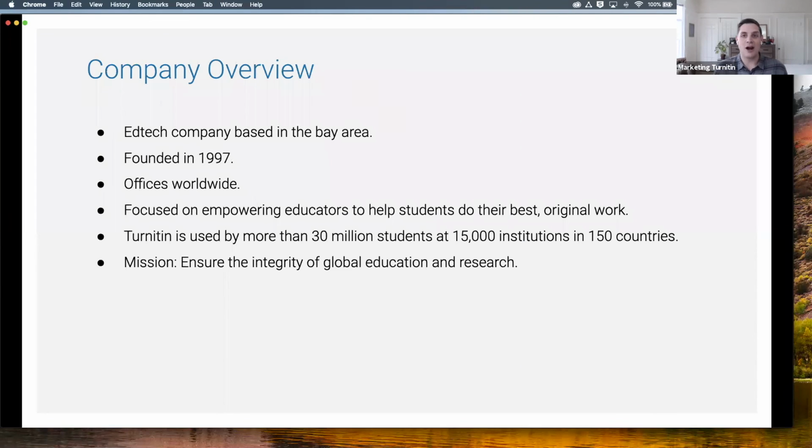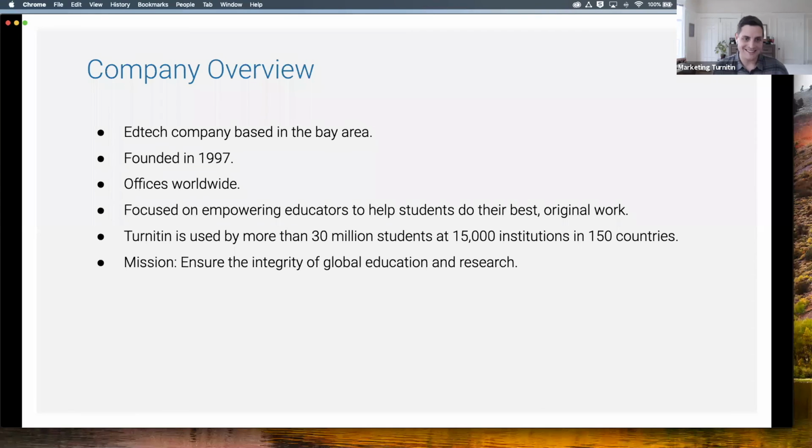Most of you are probably familiar with Turnitin, but for those of you who are not, just a couple quick facts about the company. We're an Edtech company based in the Bay Area. Our headquarters are in Oakland, California. We were founded back in 1997. We have offices worldwide, with big offices in Newcastle, UK, Melbourne, Australia, some different parts of North America, as well as South and Latin America. So definitely very global at this point.